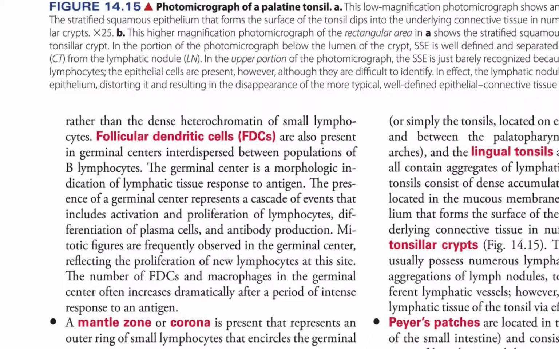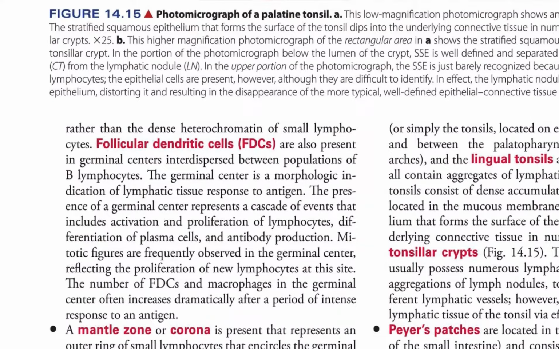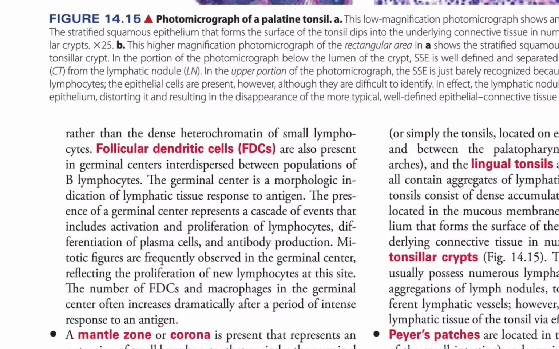So basically, the lightly stained germinal center has different events. Let's give them numbers. It presents a cascade of events that include activation and proliferation. They're just getting activated and they're allowed to proliferate.